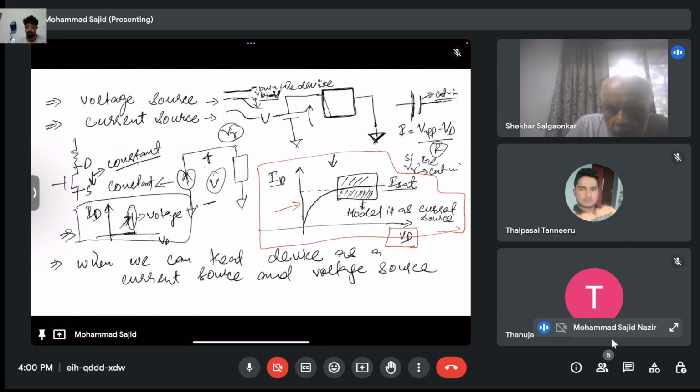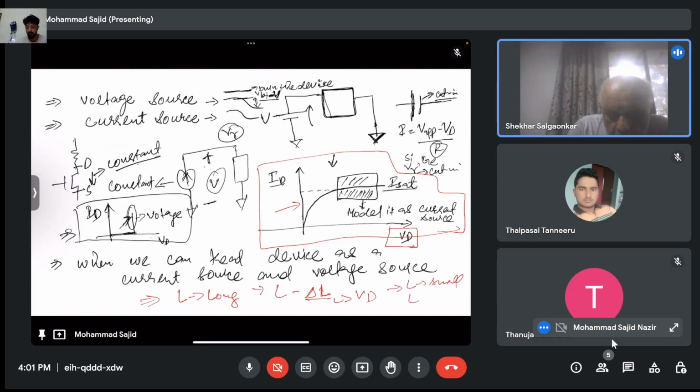So what happens is, let me just draw it briefly. Initially, if L is long, L minus delta L is not that significant, so the current almost remains constant. This delta L is dependent on VD. But if this channel L is small, then L minus delta L becomes effective, right?